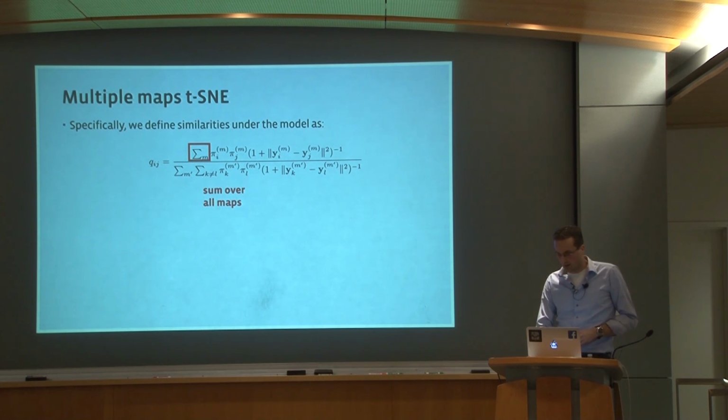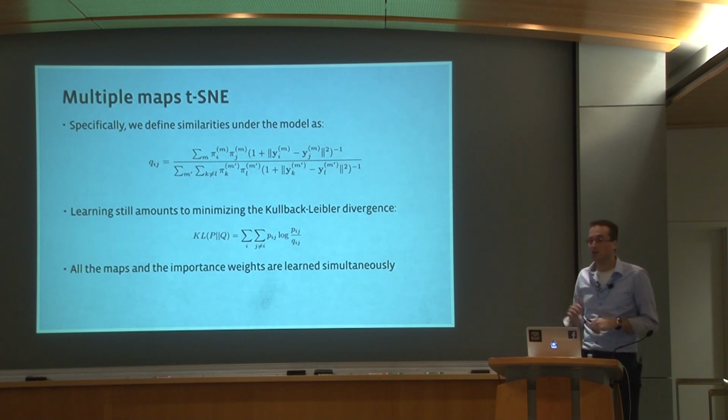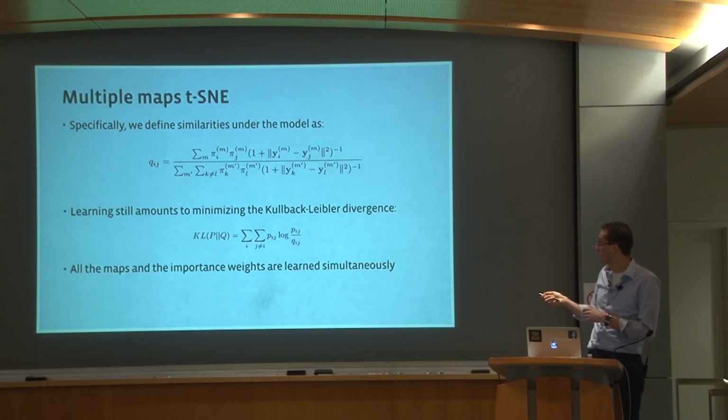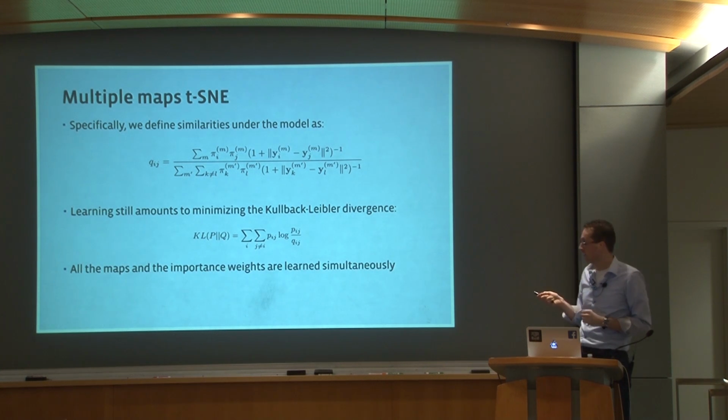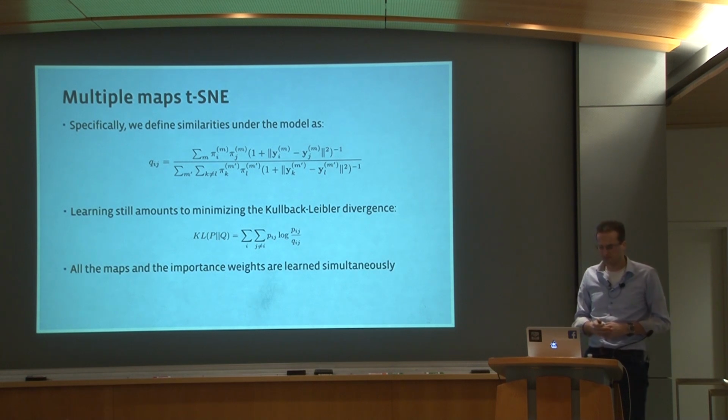Now I'm going to do the same thing: I'm going to again minimize this Kullback-Leibler divergence using gradient descent, but it's a little different because now I'm moving all the points in all of the maps around simultaneously, and I'm also changing these weights. I'm learning all those things jointly.